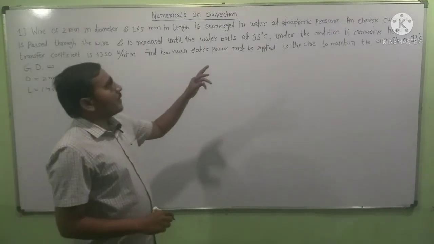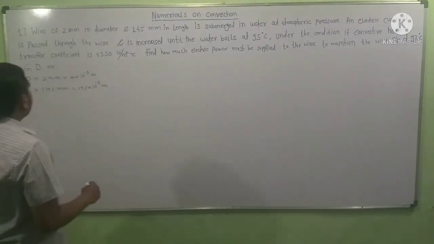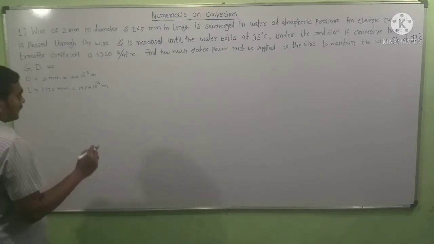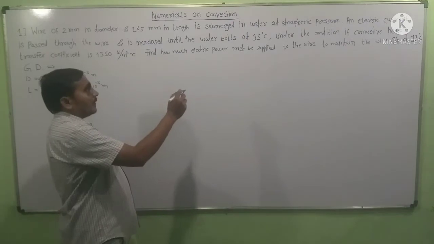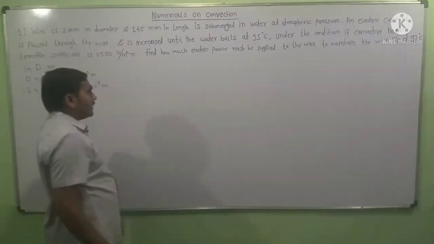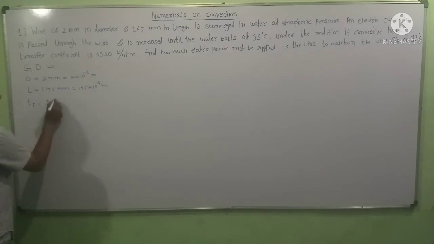The wire is submerged in water at atmospheric pressure. The electric current passed through the wire is increased till the water boils at 95 degrees Celsius. Then the temperature of the fluid is given, that is, temperature of fluid equals 95 degrees Celsius.